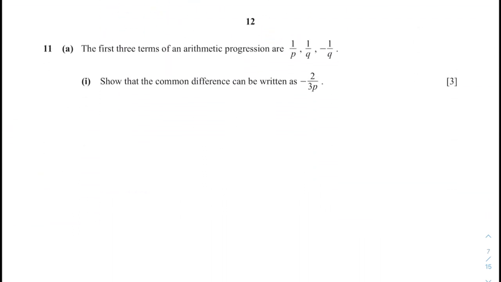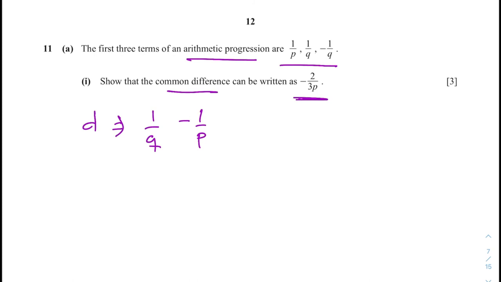Let's go on. The first 3 terms of an AP are these. Show that the common difference can be written as that for 3 marks. Common difference is 1 over Q minus 1 over P. And this should be the same as negative 1 over Q minus 1 over Q. So you are just finding this minus this is the same as this minus that.